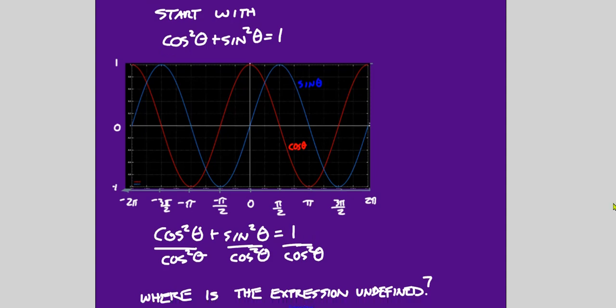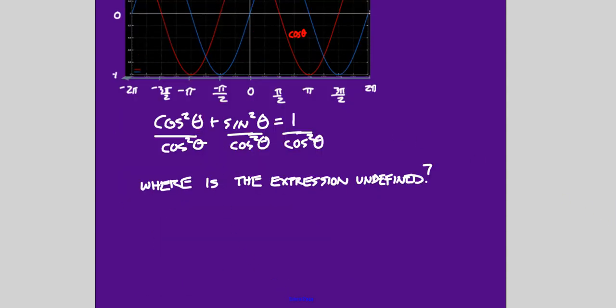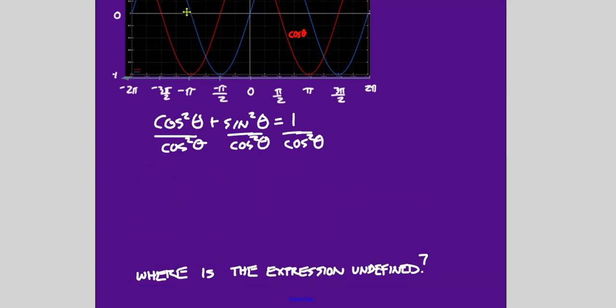Again, I didn't give myself enough room here, so I'm going to slide this down right here. Alright, well, this is 1. Sine over cosine we showed is tangent, so this is tangent squared theta. And we said the reciprocal of cosine is secant, so this is secant squared theta.